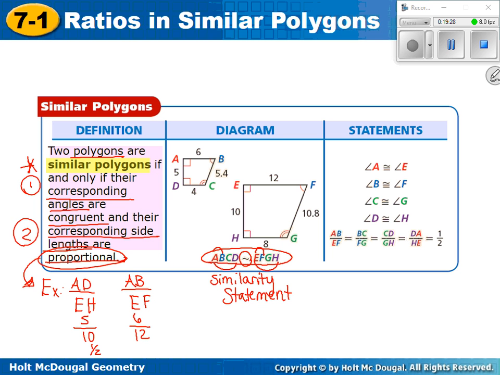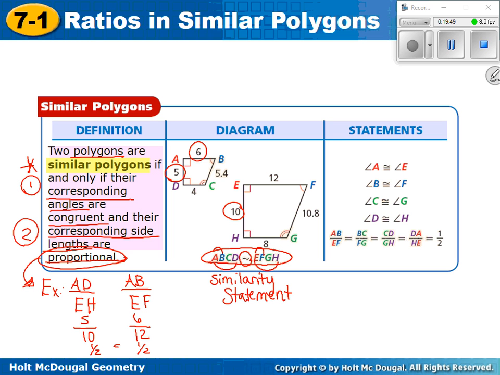What is 6 over 12? 1/2. So what we're going to notice is the sides don't stay the same. They get bigger or smaller. But when you compare two corresponding sides, the fraction that they reduce to should be the same no matter which corresponding sides you match up.